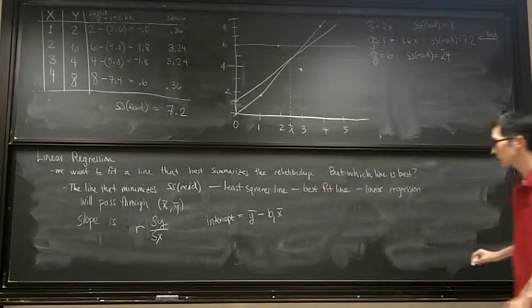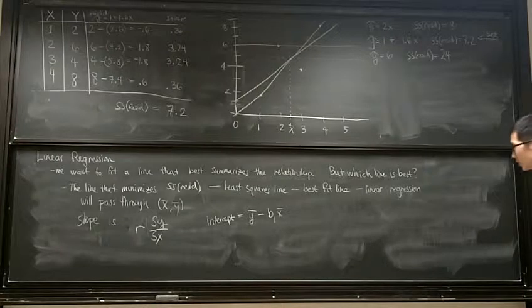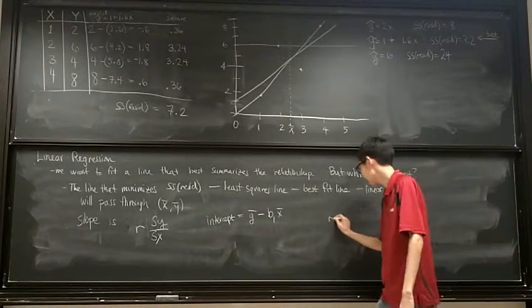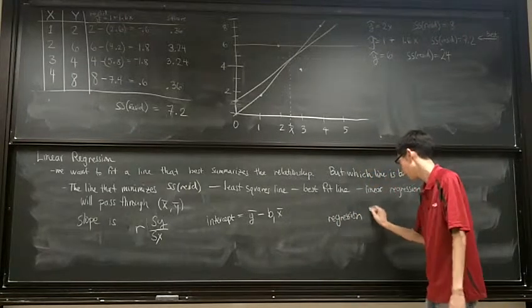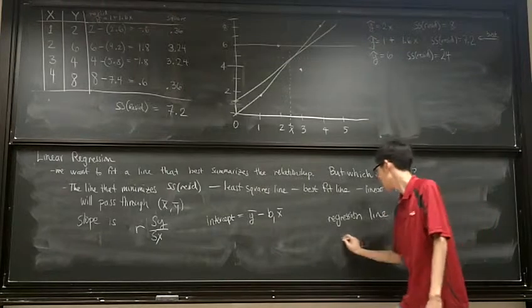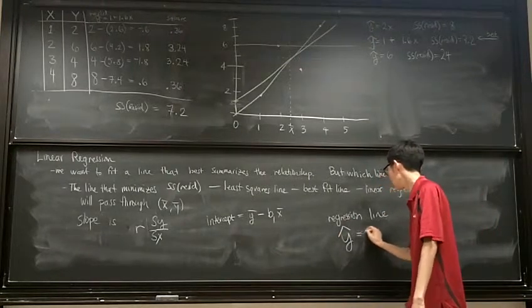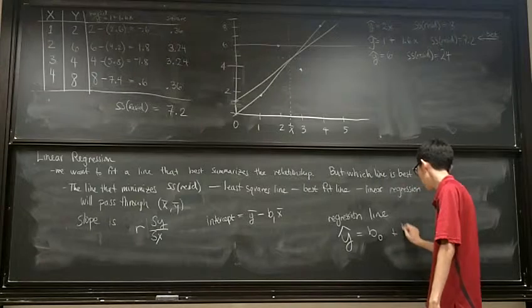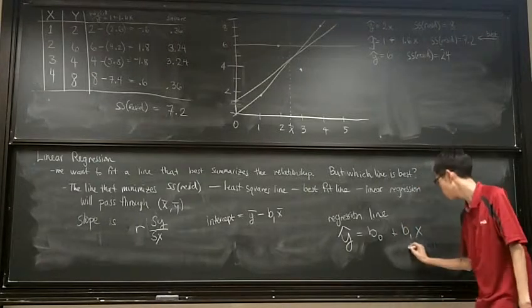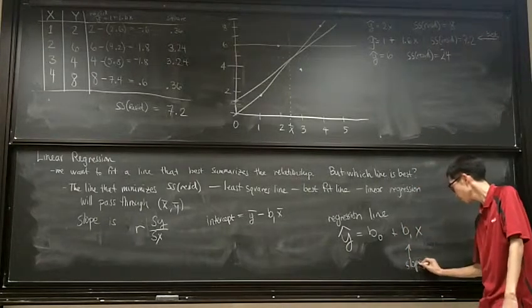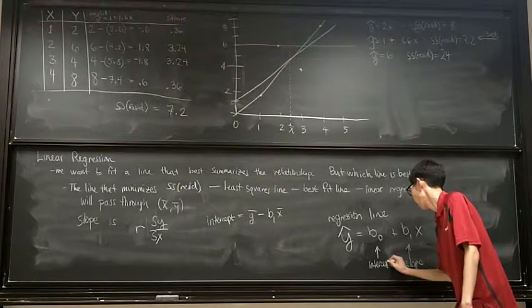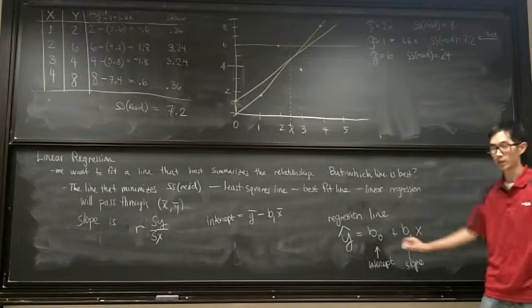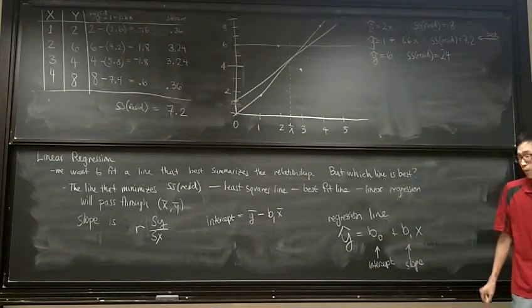I forgot to write the symbols here. Okay, so the regression line is of this format, and I apologize, I'm doing this out of order. So the regression line is in the form y hat is equal to b0 plus b1x, where b1 is the slope and b0 is the intercept, and y hat is our prediction for y.